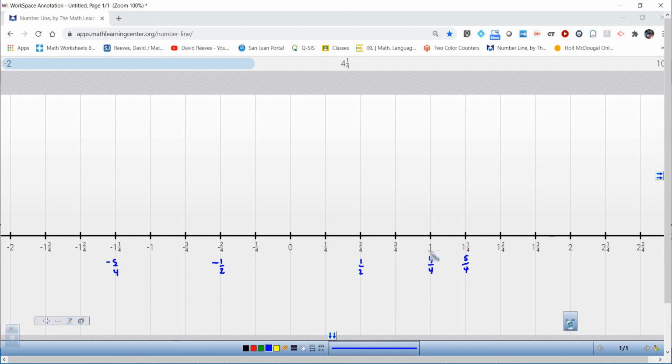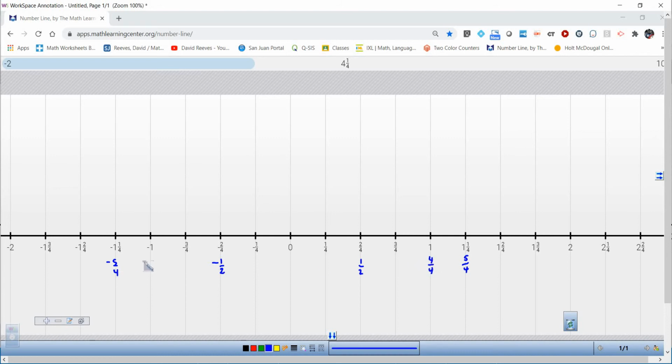When you have the number 1, the numerator and the denominator are the same. So the closer the numerator and the denominator are together, the closer you are to 1. Let me say that again. The closer the numerator and the denominator are to being the same, the closer you are to 1.